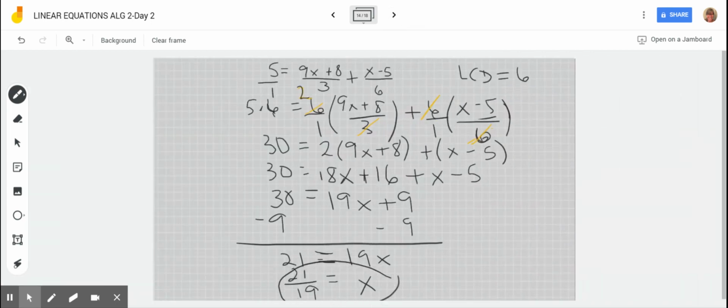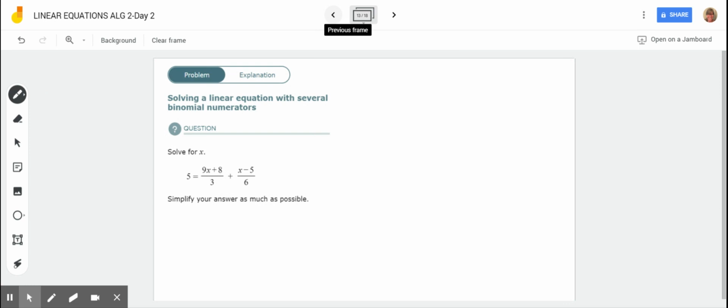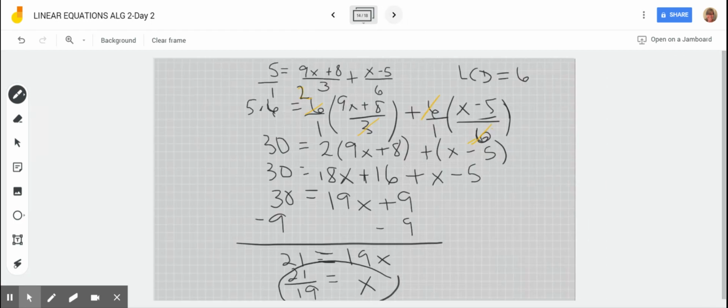So here we have 21/19 as our answer. And so I am going to go ahead and copy this problem. I want to make sure I got it right. Okay, 5 is equal to... somehow I don't have this problem written down. 5 equals 9x plus 8 over 3 plus x minus 5 over 6.